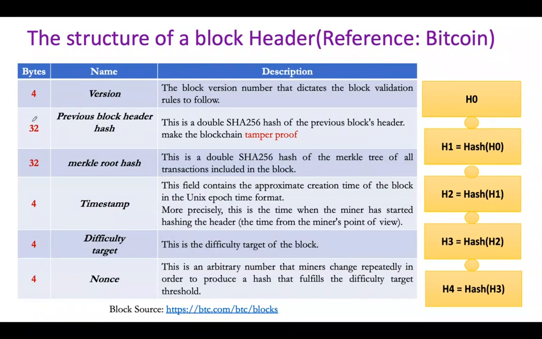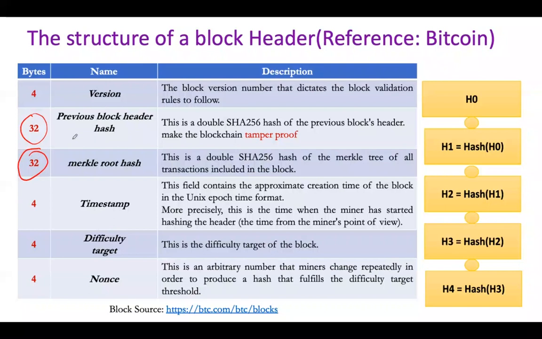Then it is followed by 32 bytes of previous block header hash. So this is a double SHA-256 hash of your previous block's header, which is followed by a Merkle root hash, that is 32 bytes. So this is a double SHA-256 hash of the Merkle tree of all transactions.